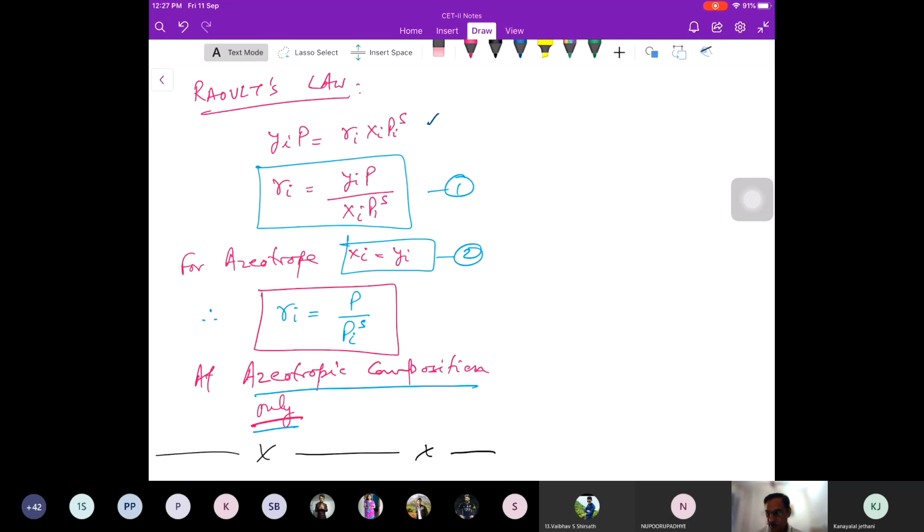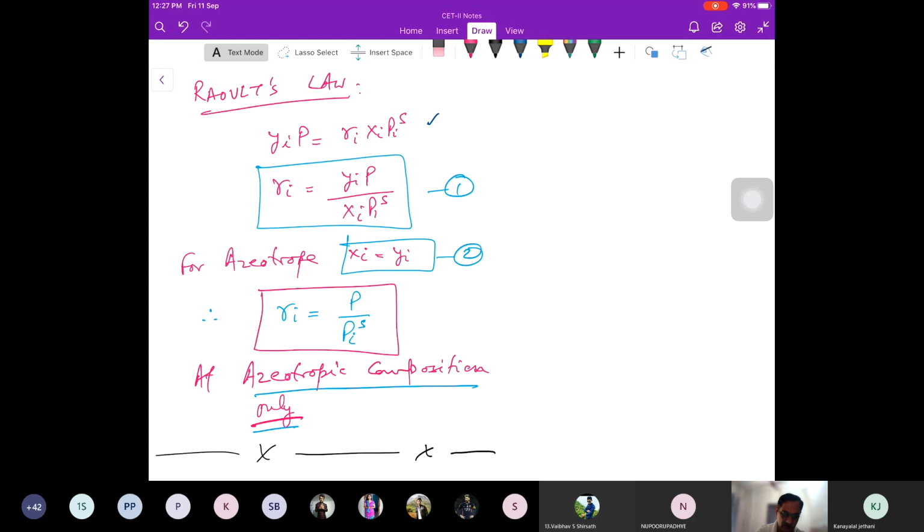हमने देखा वो azeotropic composition is only one composition in the entire 0 to 1 range. So at the azeotropic composition, you can calculate gamma i if you know the total pressure and if you know the vapor pressure of each component.